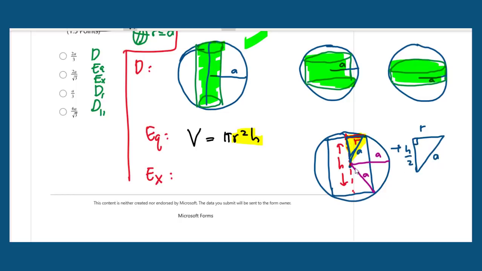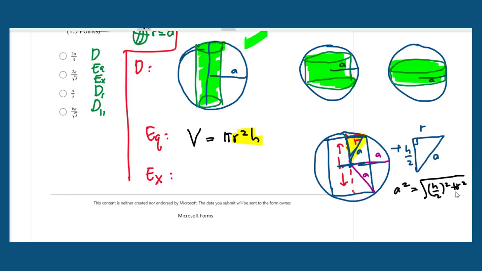H over 2 for half of the cylinder. So we're going to use the Pythagoras theorem. A squared is equal to H over 2 squared plus r squared. We're going to find the height, h.